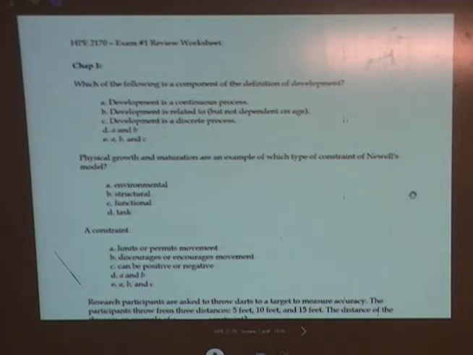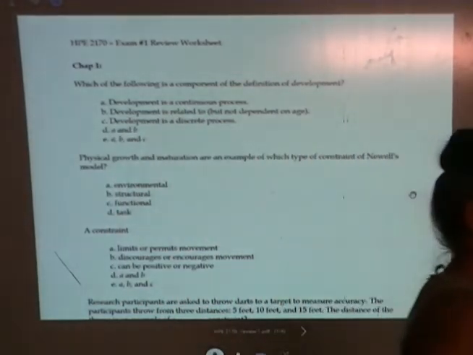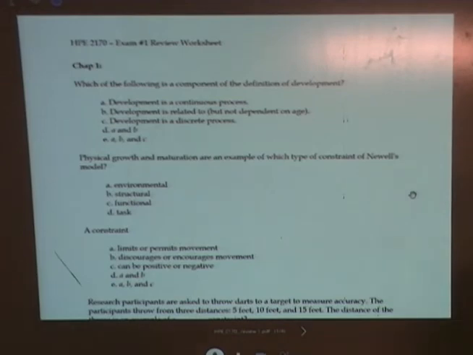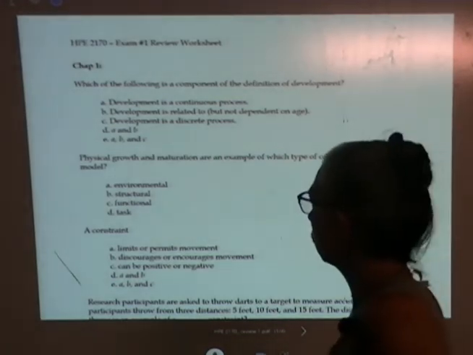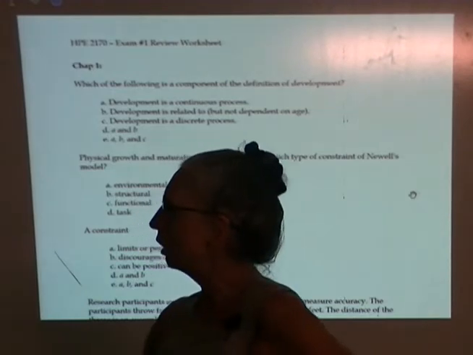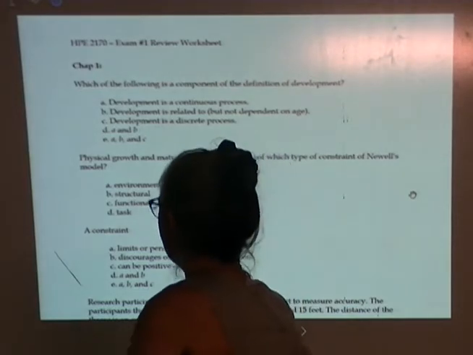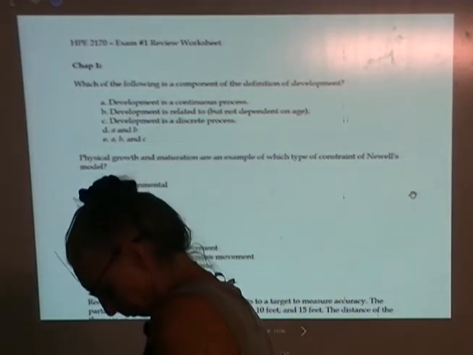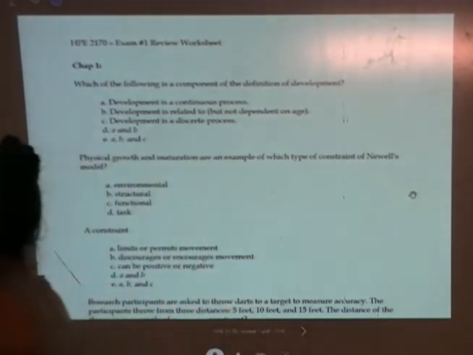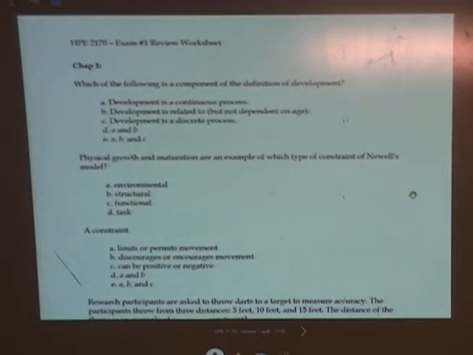Physical growth and maturation are an example of which type of constraint? Those would be individual constraints. They are individual, so when you look at the answers, they are environmental, structural, functional, or task. So which type of individual constraint would growth and maturation be? Those would be structural. Well done, good. So answer B, right? Excellent.